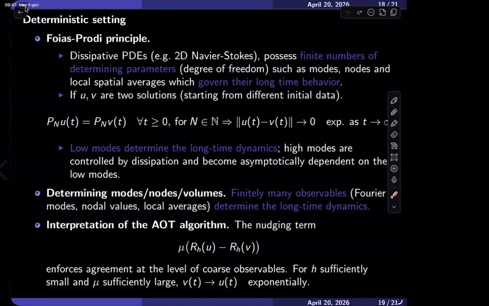And this is exactly the idea behind the algorithm, because you are introducing this term here, and the effect of this term is to enforce agreement at the level of coarse observables. And the dissipation given by the Laplacian does the rest. So it's enough to prove that the whole solutions converge to one another when time goes to infinity.